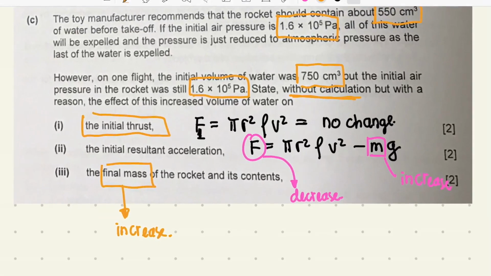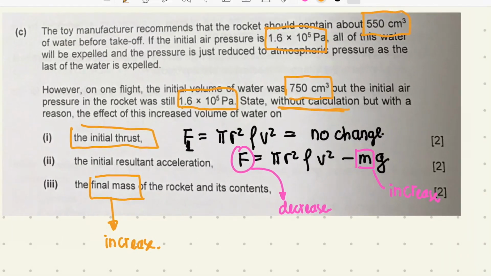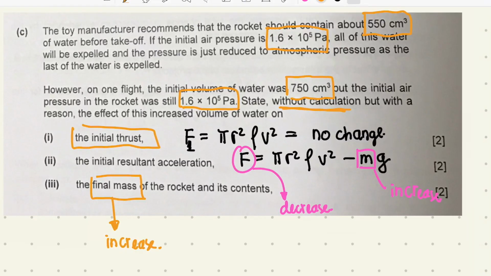Very simple explanation. Because at the end, after the pressure becomes atmospheric, there is still extra. How much is that? 750 minus 550.